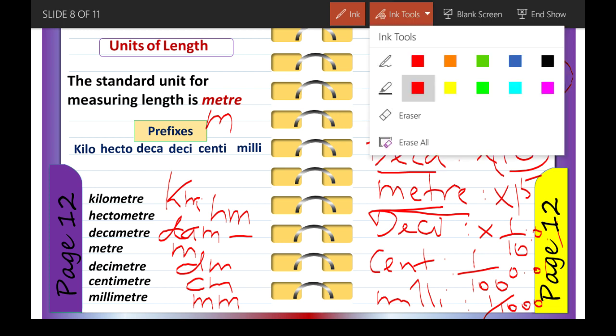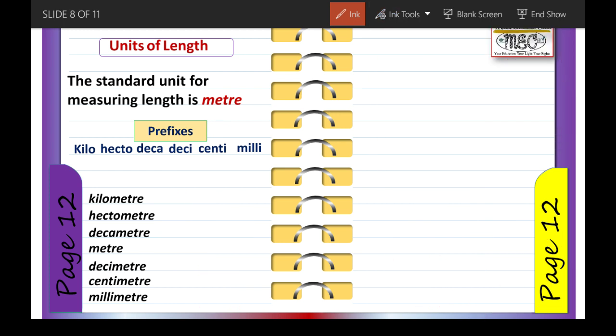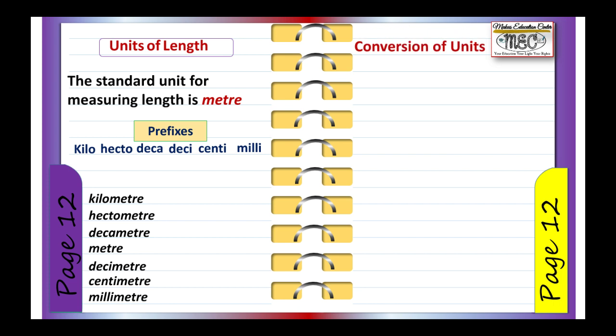Apart from this, you can have conversion of units. How do you convert? We are converting, or we are changing from one unit to another one. You may have small or short distances.